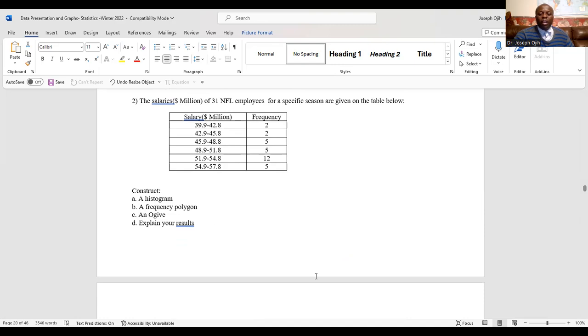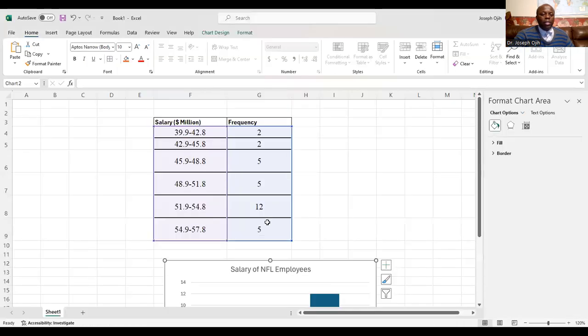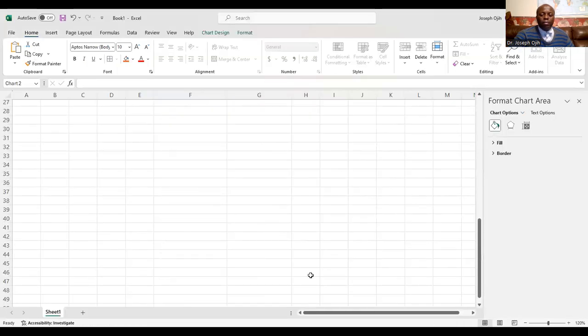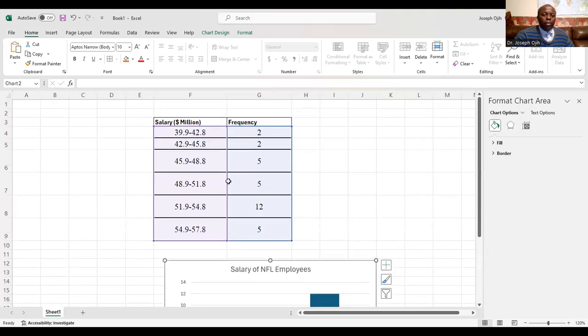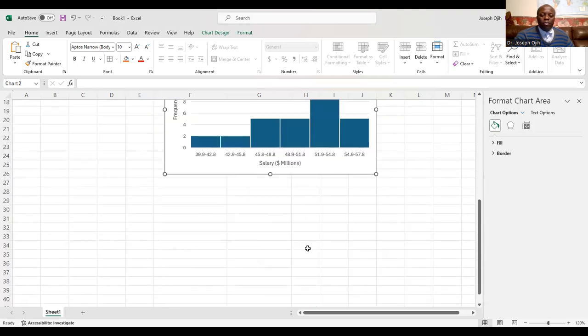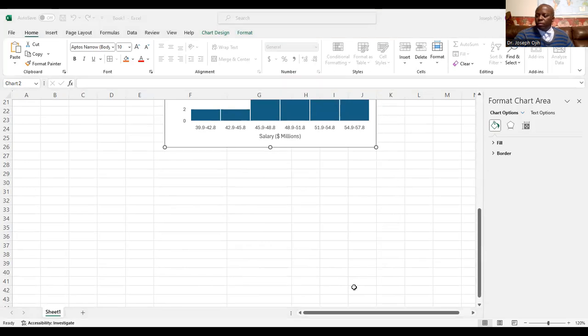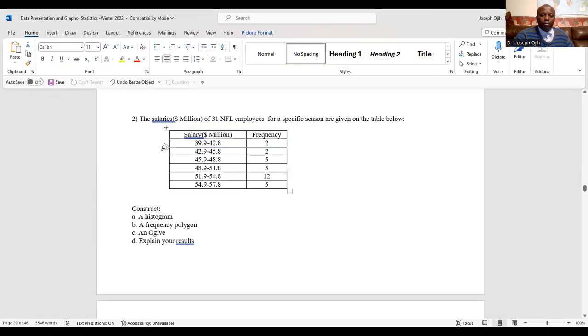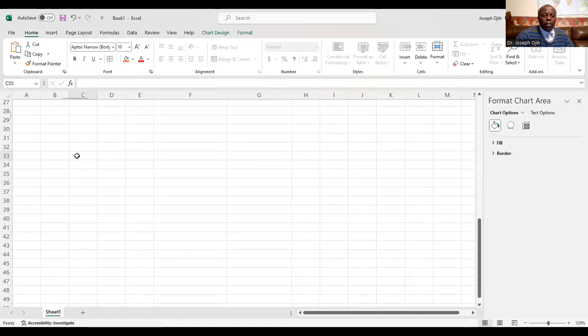The good news is that I already have them inside here in Excel. I don't want to mess up the graph, so let me copy this section from Word. I go to Word and highlight it, copy this, come to Excel, and paste it here.